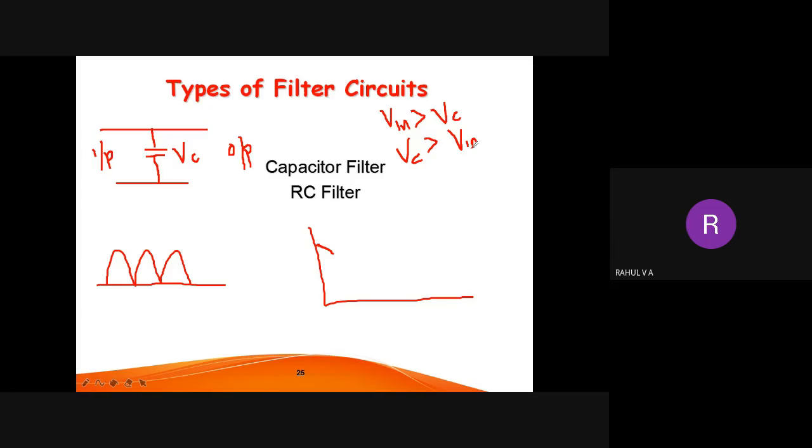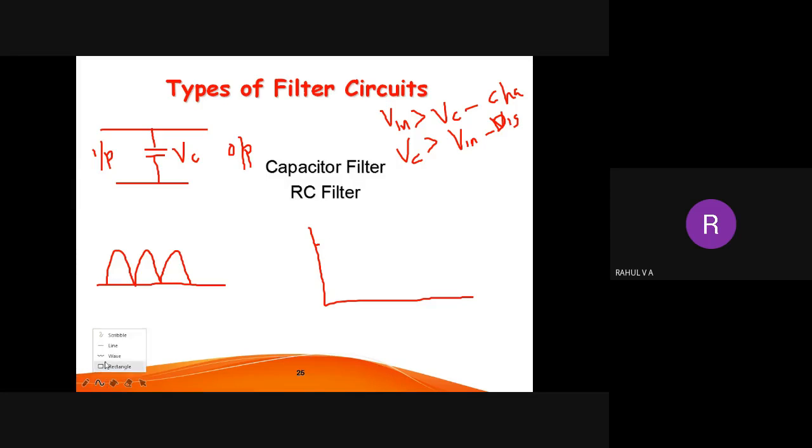I have said this in the last class, but now I'm going a little bit deeper into that. V in greater than VC, during that time, the capacitor will charge. And when VC is greater than V in, the capacitor will discharge. So initially, we assume that we are starting from the first. The capacitor is completely discharged in the previous cycle.